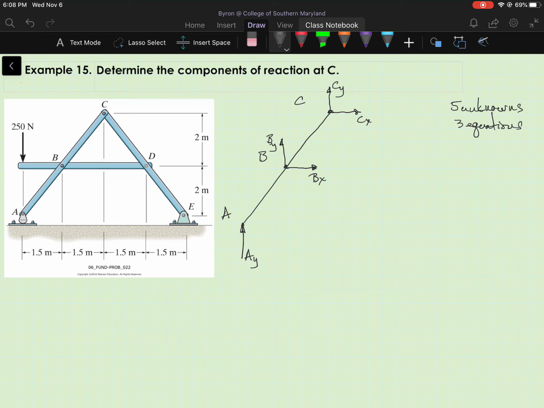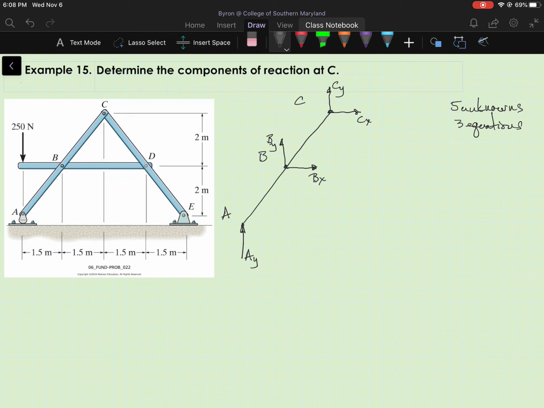So if I look at ABC, I notice that A sub y is the support reaction for the entire frame at A. So I should be able to solve for A sub y by looking at a free body diagram of the entire frame. I won't draw another free body diagram just to save space here.